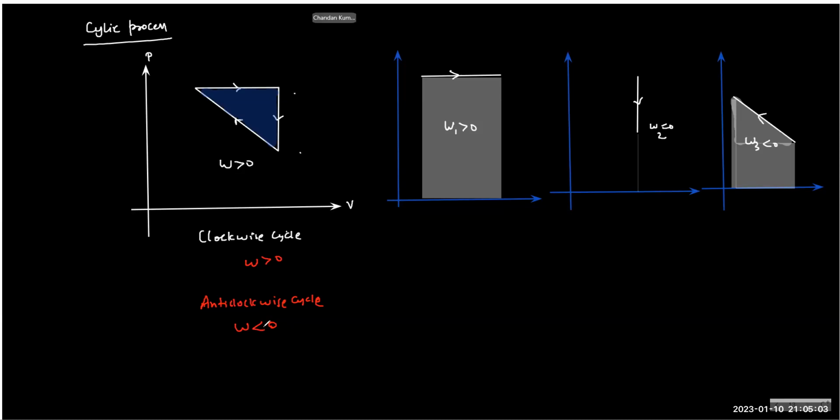Yes, sir. Now sometimes you'll get multiple cycles, not just one cycle. In the cyclic process, one question is very, very important that you will come across, and it is very standard.